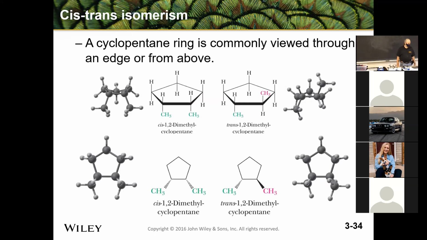So here we have cyclopentane, a 5-membered ring. For 1,2-dimethylcyclopentane, we could have both of those methyls on top, like this.